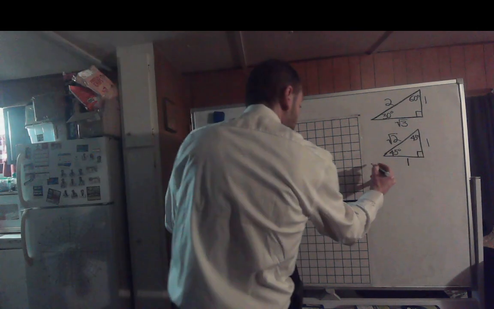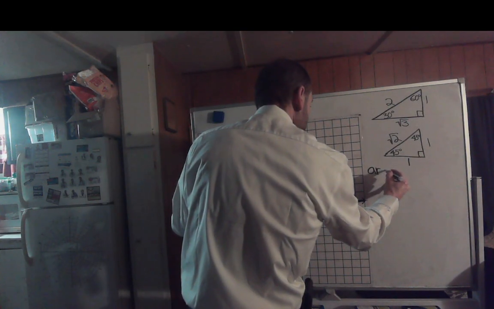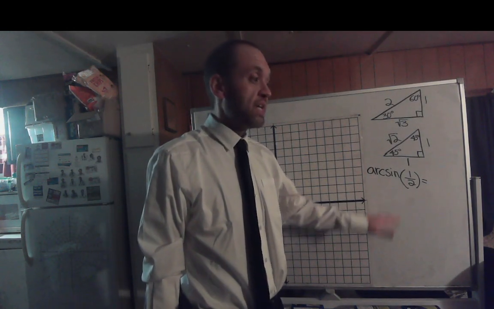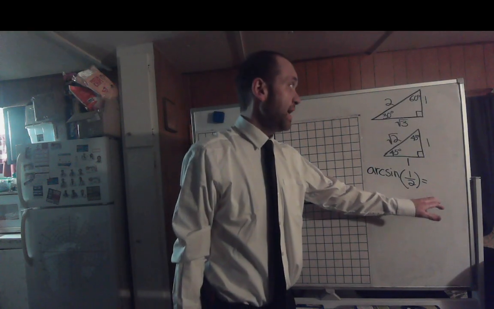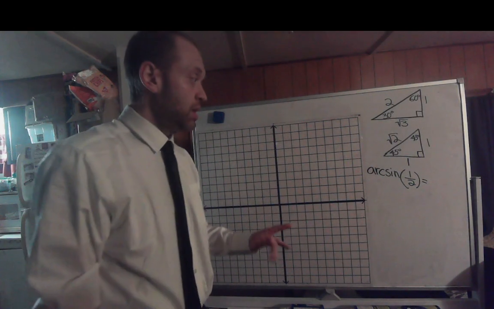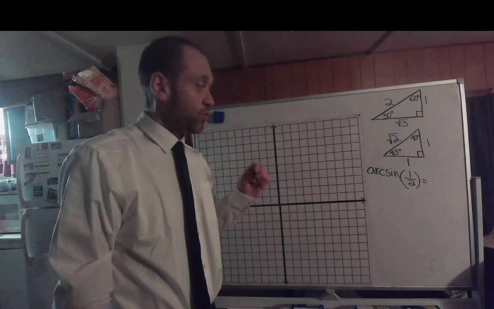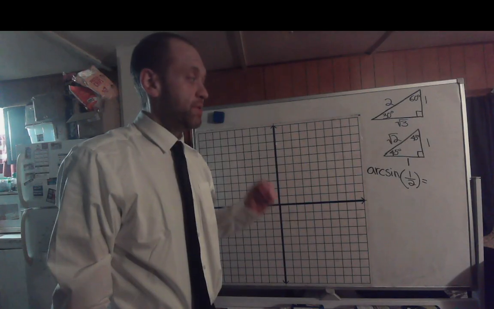So let's say we were asked to find the arc sine of 1/2. So this is asking us what angle gives us a sine of 1/2. And we have to keep in mind what the range of the arc sine is.